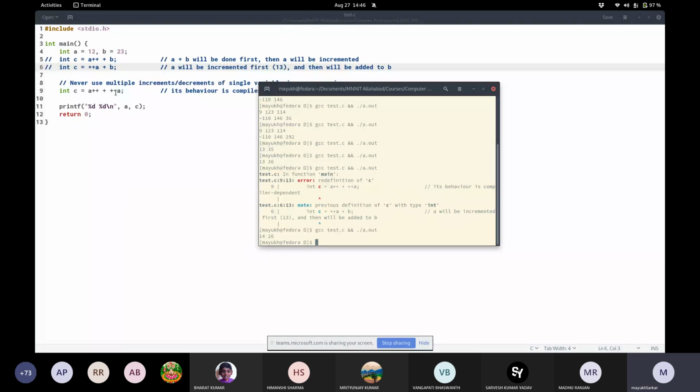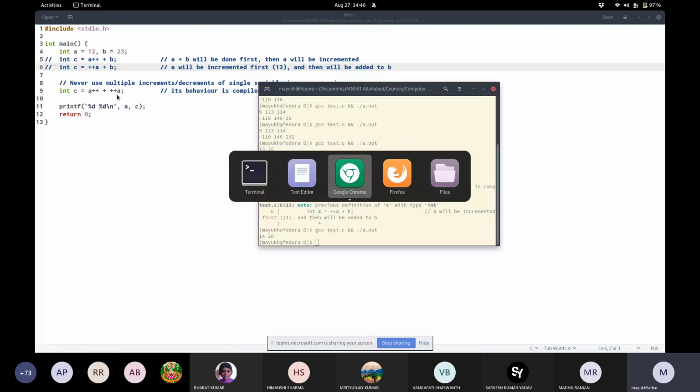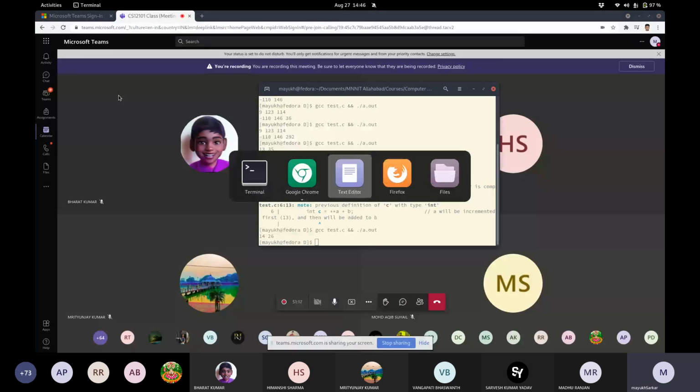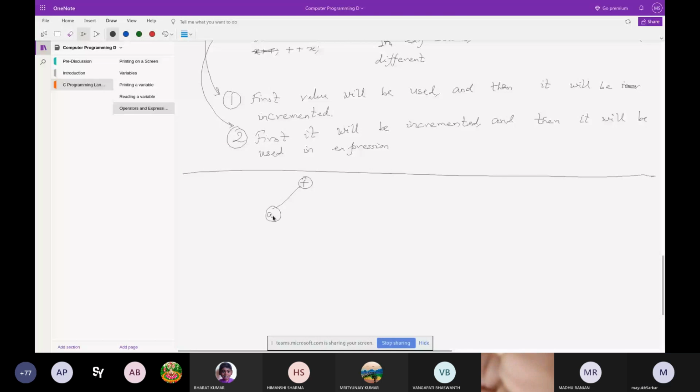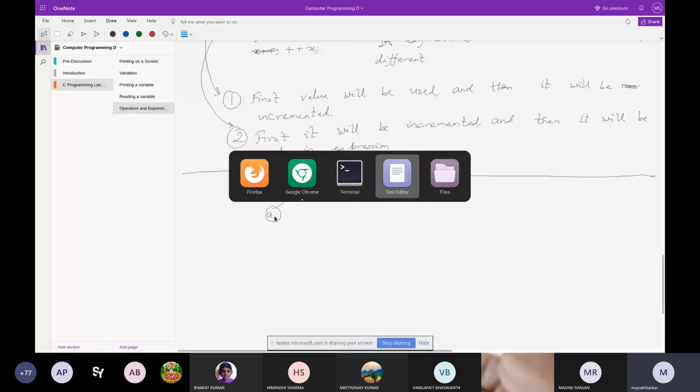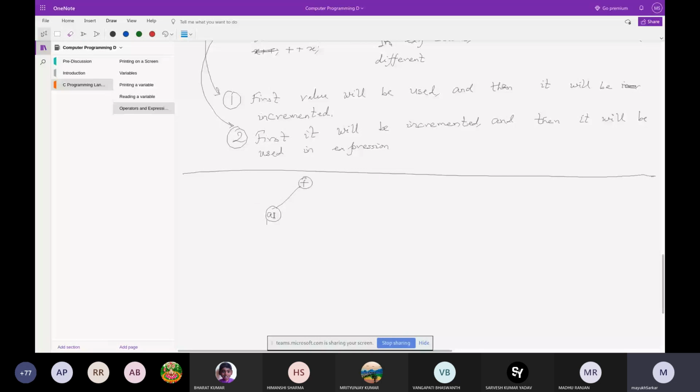In fact, internally, let me tell you, when any operation happens, it creates a tree that's called parse tree. And this plus got what I have written here: first a plus plus and then plus plus a.